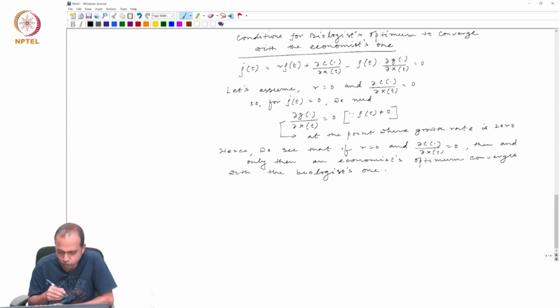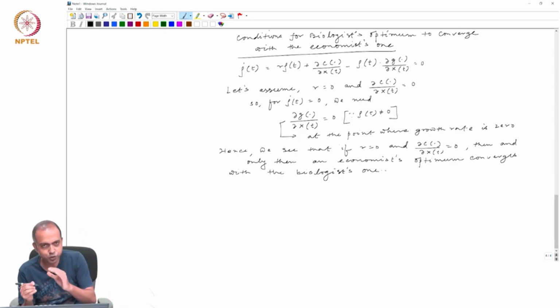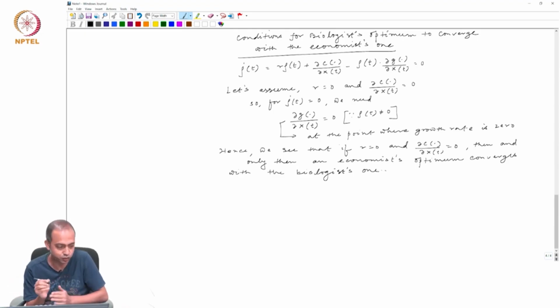Okay. Now, that means basically what we are saying is that economist optimum will converge with the biologist optimum when there is no discount rate and there is no stock effect on the cost of extraction. These are the two conditions.